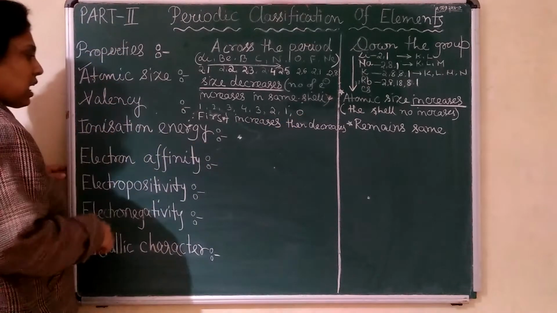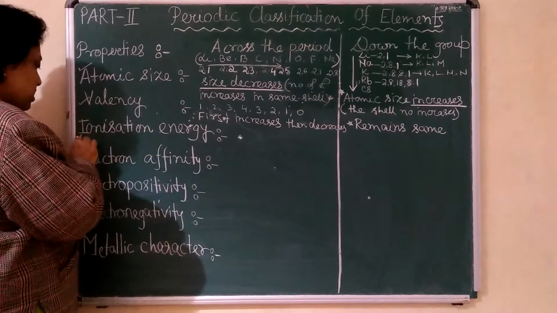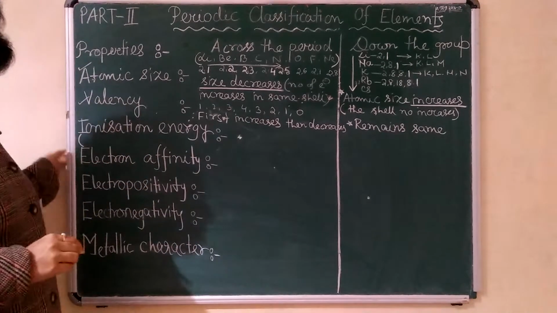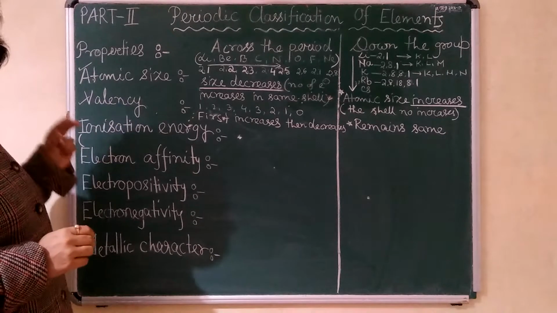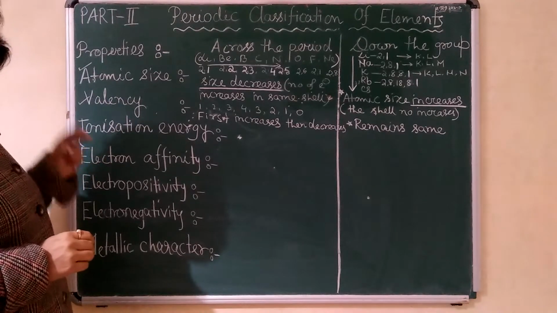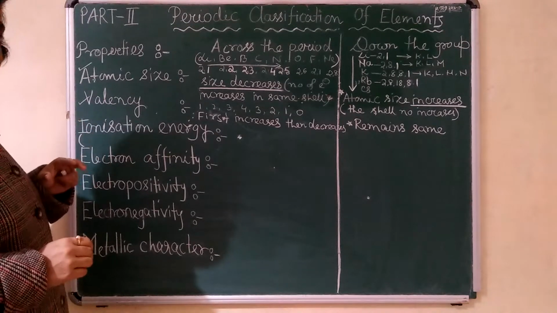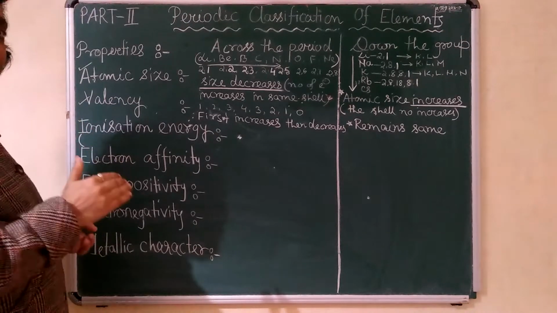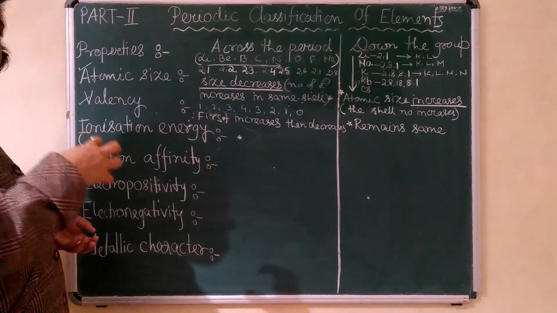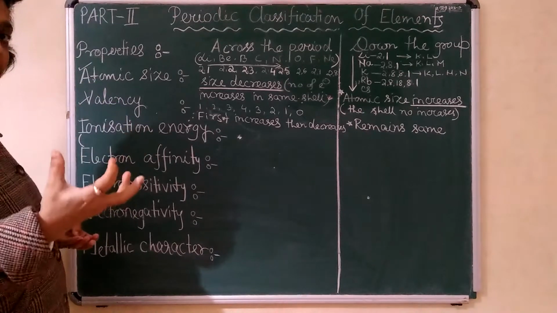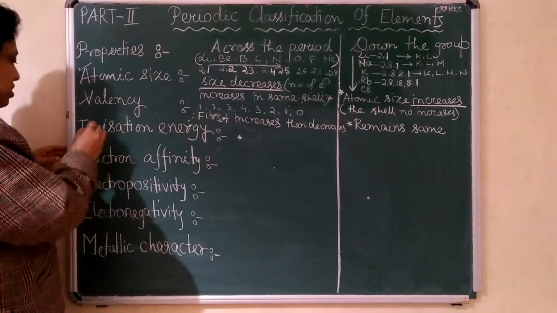Then next is ionization energy. What is ionization energy? It is the energy required to lose or remove an electron from its gaseous atom. In the gaseous state, the electron has to be removed, and that amount of energy is called ionization energy.